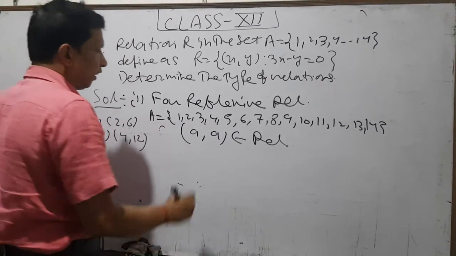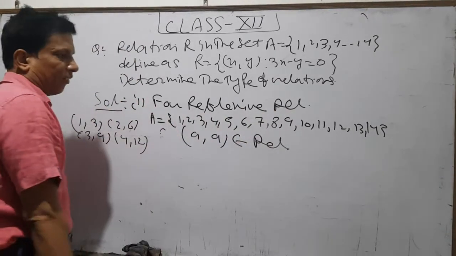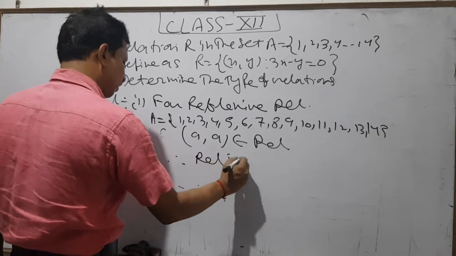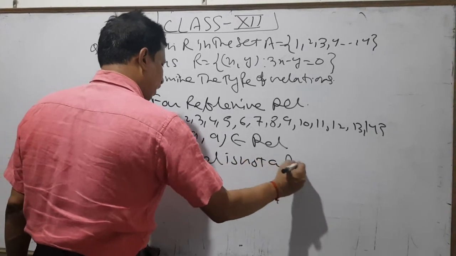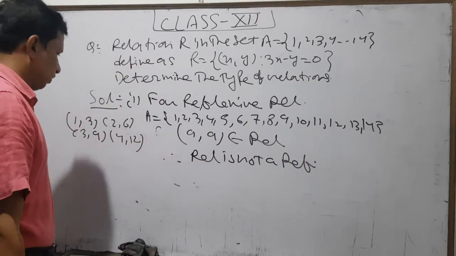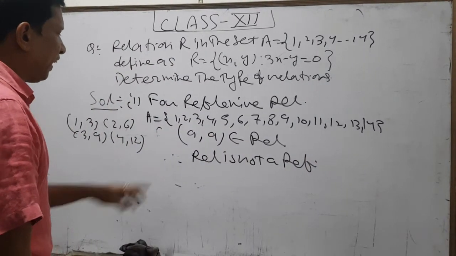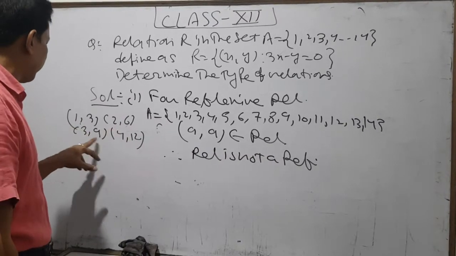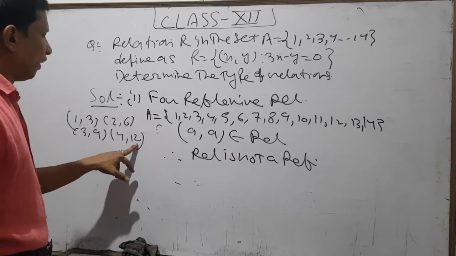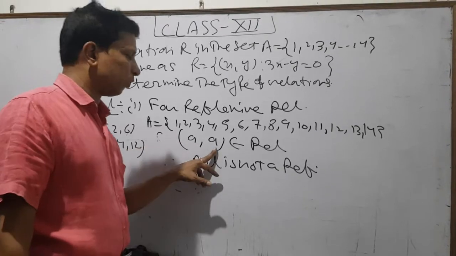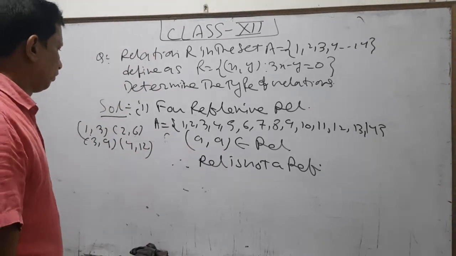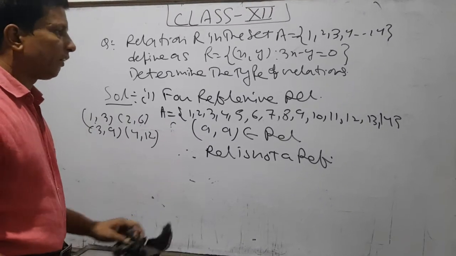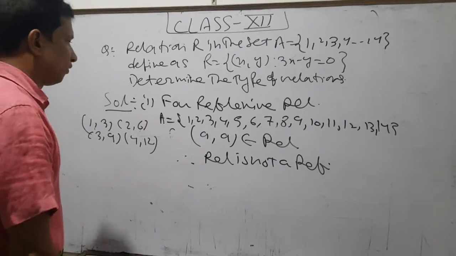Therefore, the relation is not reflexive. The ordered pairs (1, 3), (2, 6), (3, 9) and (4, 12) are written in place of (a, a). Noted?